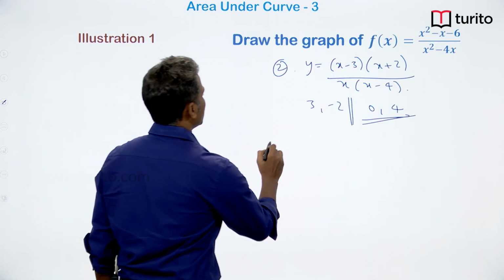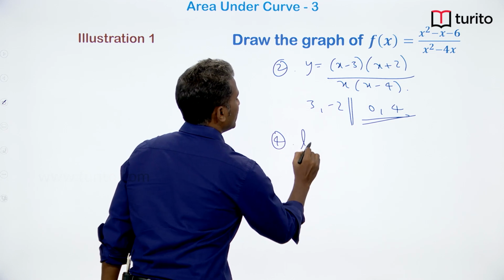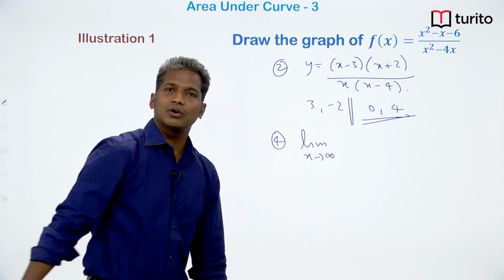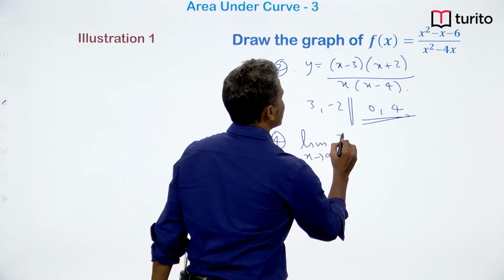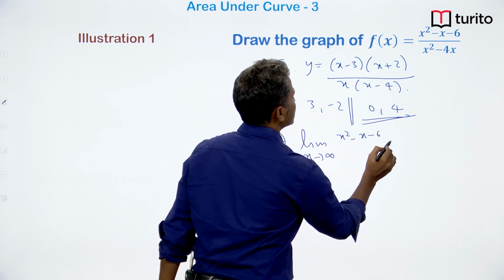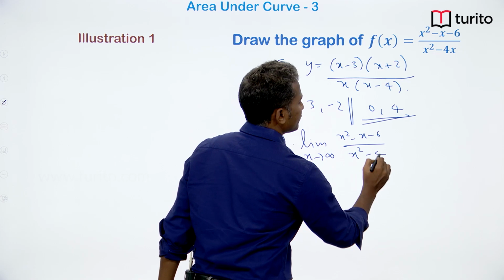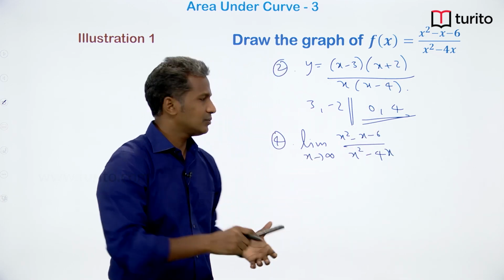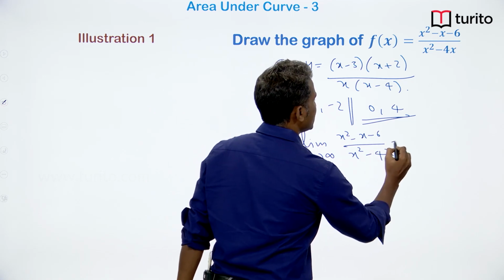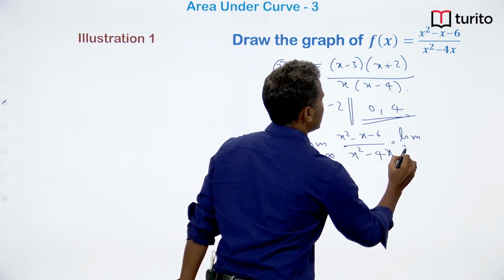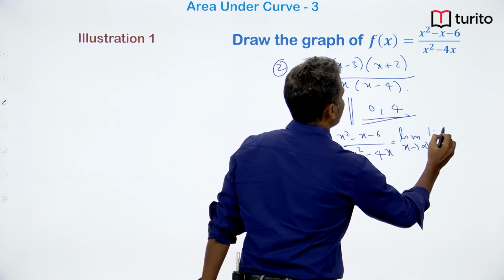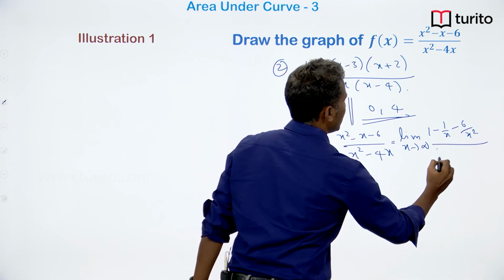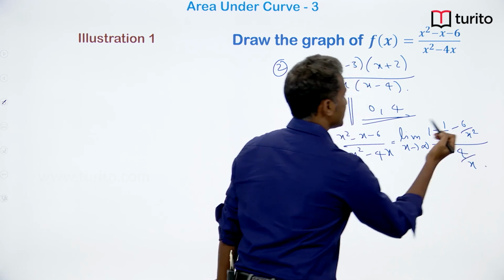To get the horizontal asymptotes, we need to find the limit as x tends to infinity, what happens to the output. So (x square minus x minus 6) by (x square minus 4x). How do we evaluate these limits? You are already masters in these techniques. We have to divide by x square. So we get (1 minus 1 by x minus 6 by x square) divided by (1 minus 4 by x).